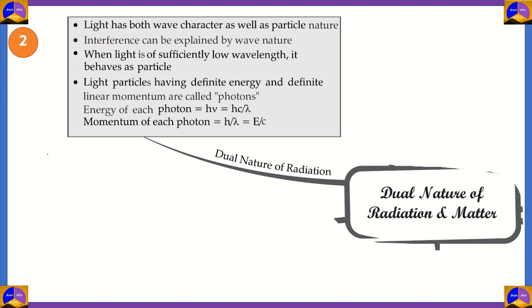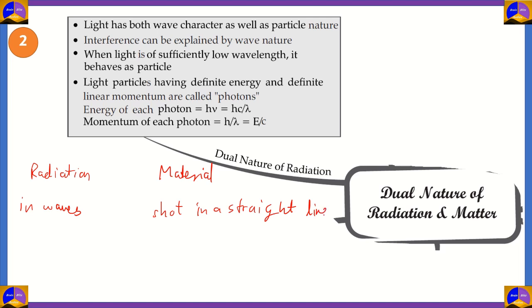So if we're able to differentiate, radiation versus material: radiation occurs in waves, while materials are usually transported in a straight line. So a light wave will travel as a wave, while an electron will be shot in a straight line because it's material.